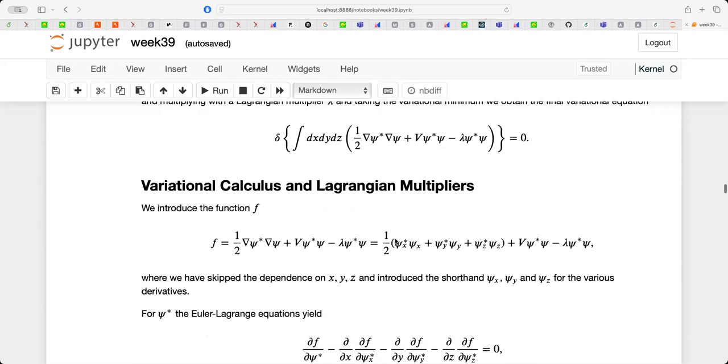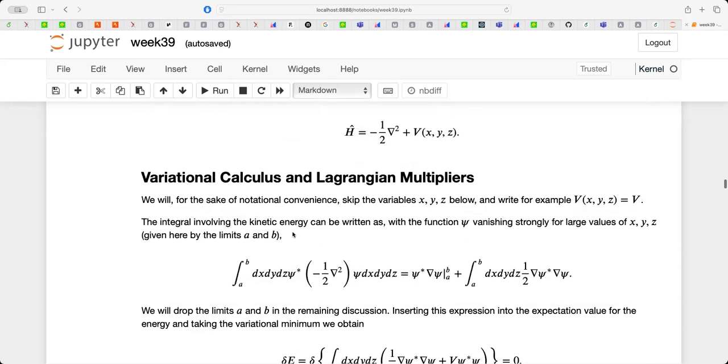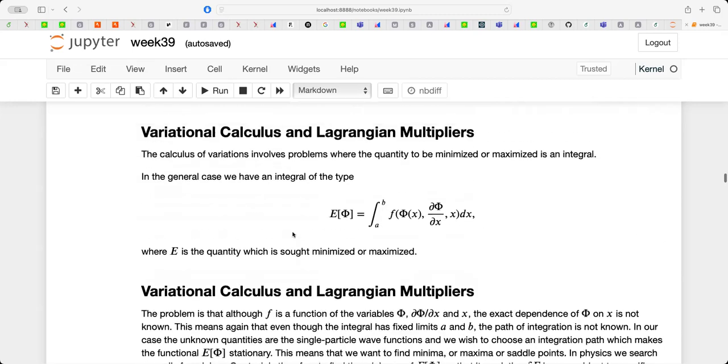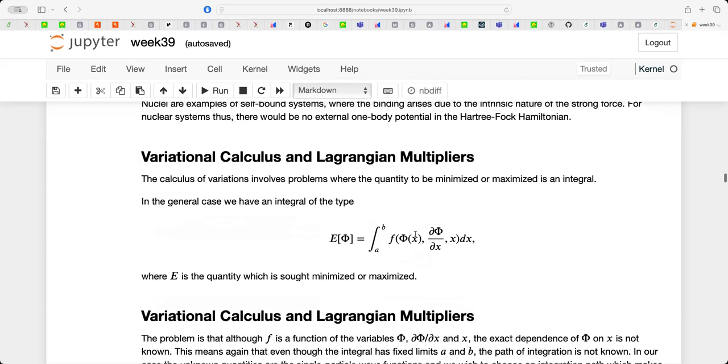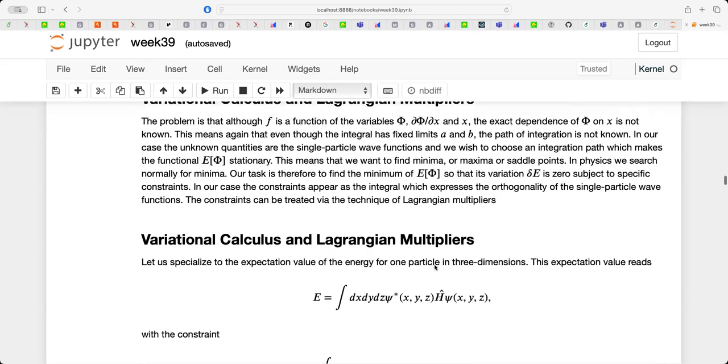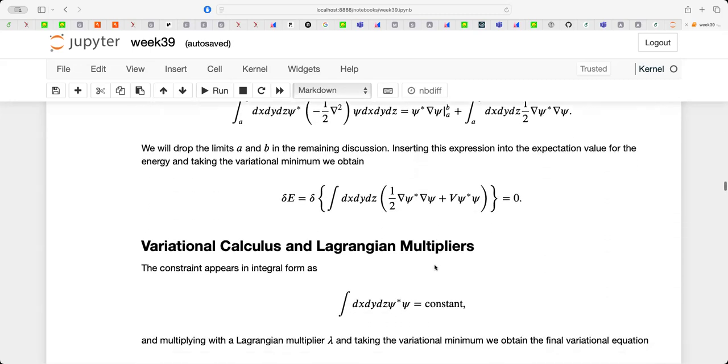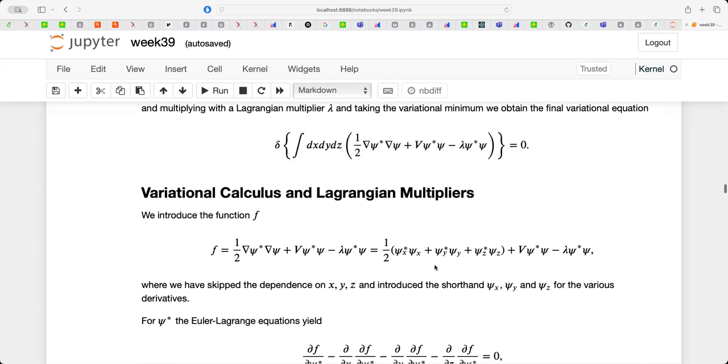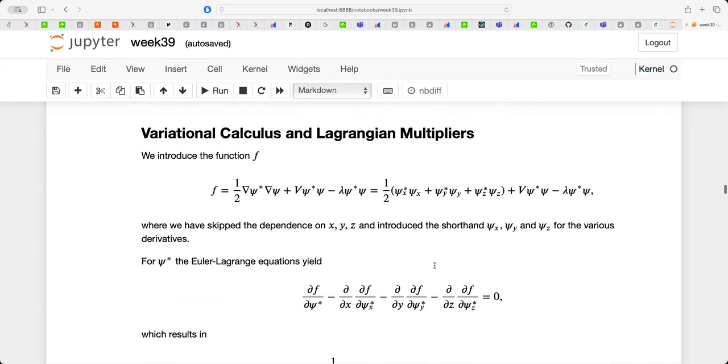So this is our final function. If you go back to the original problem we set up, you have the function itself, and then you have the derivative of the function. So this looks like the standard definition of the Lagrangian problem.